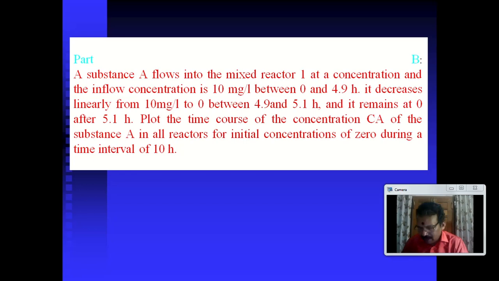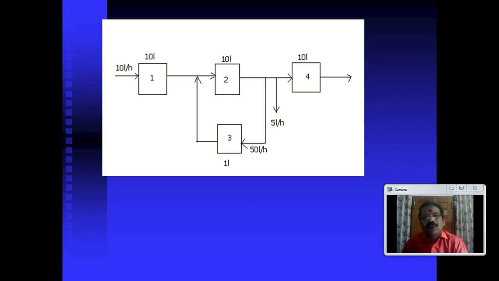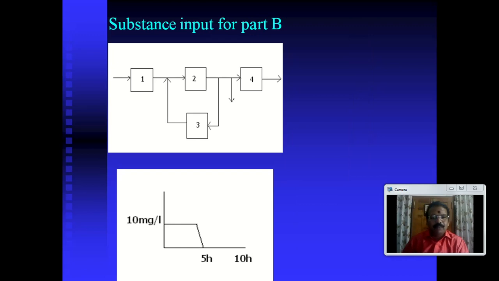If the controlling mathematical relationships are known, we can graphically plot what will be the concentration profile of A after 5 hours, because at 0 time 10 milligram per liter enters into the tank. Then it is continued as such for a time period of 4.9 hours. At 4.9 hours, the flow is regulated, controlled, and it is stopped. Then the concentration profile declines and reaches 0 at 5.1 hours.